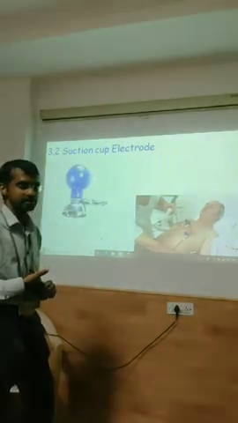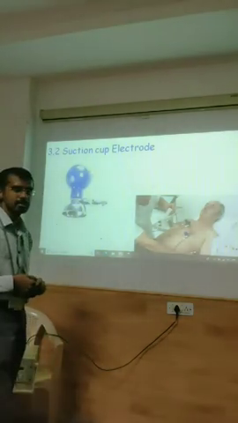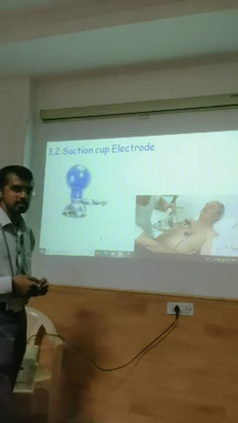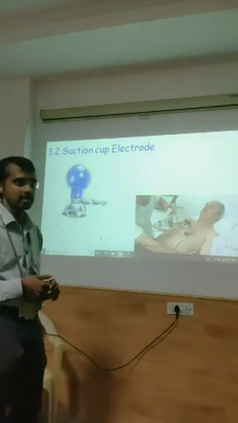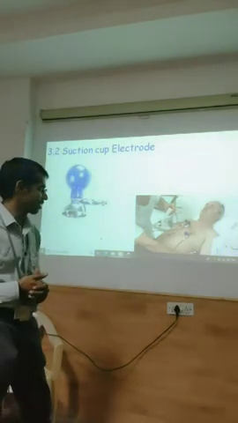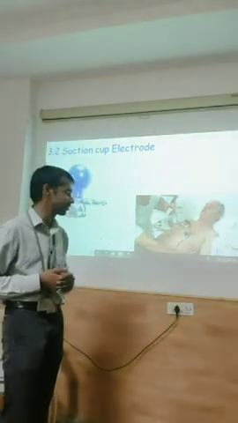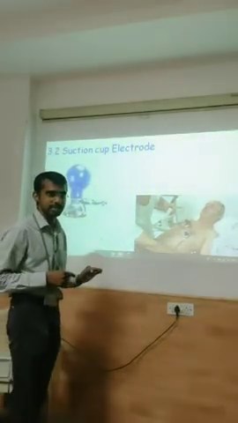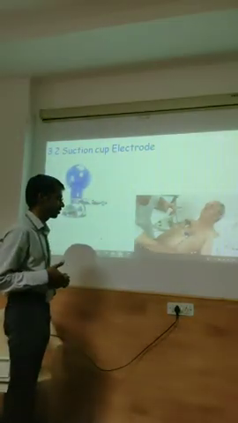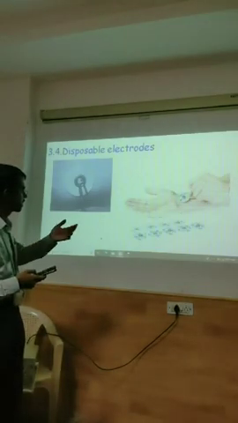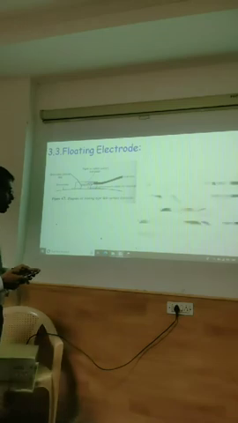Then you showed real pictures for only a few electrodes, so better we give real-time examples for all types of electrodes. I thought of it, but I was running out of time. Possibly I will include real-time pictures so they know where each is actually used. I got pictures for only one electrode. Even for these electrodes, it will be useful.